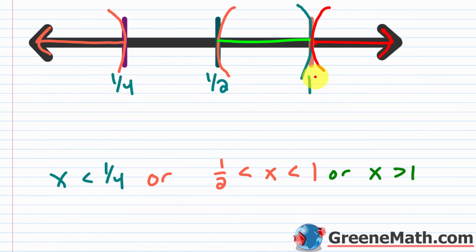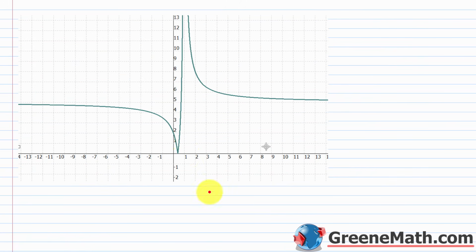In other words, if you plug 1 in, you're going to get division by 0, and that's not defined. If we come to the graph, you're going to see at 1 this strange behavior where the graph approaches an x value of 1, but never quite gets there. This is called an asymptote, and we'll talk about this later on in the course.